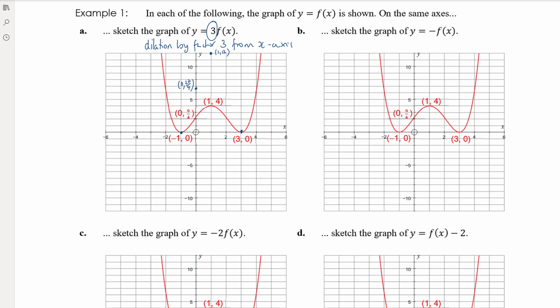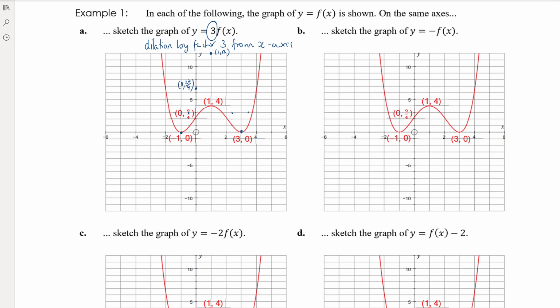Again, you could take any point. The y value here, for example, is 1. So tripling that, it's going to go through this point here. The y value here is 1. Tripling that, it's going to go through this point here. Y value is 1 here, so we triple that. It's going to go through here.